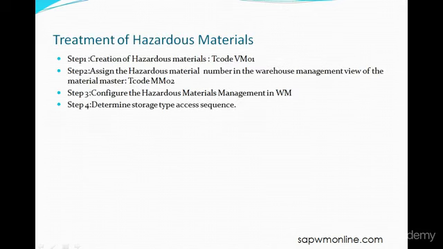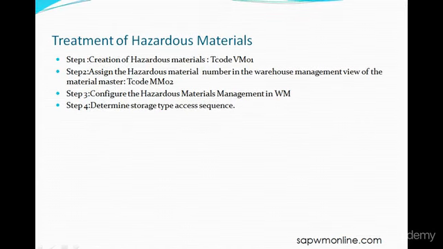So basically, so far we have seen normal materials, and if we want to classify a material as a hazardous material, then we need to create the hazardous material number first with the T code VM01. Here we give the storage class and the water pollution class and other details in the master data, and create the hazardous material number.